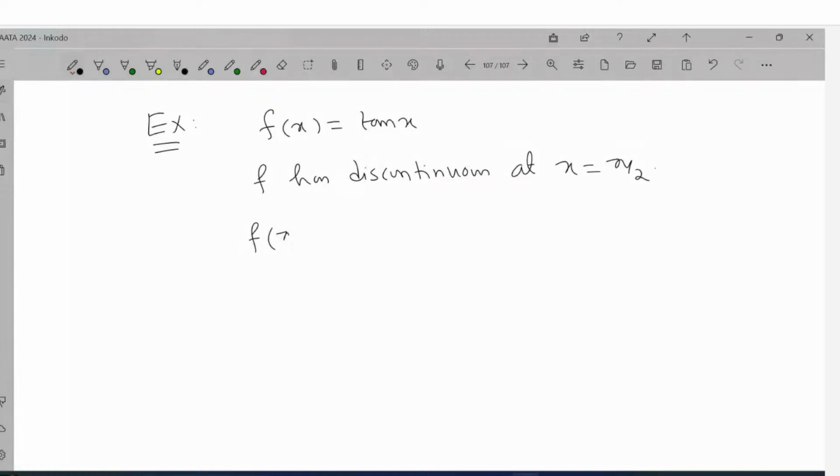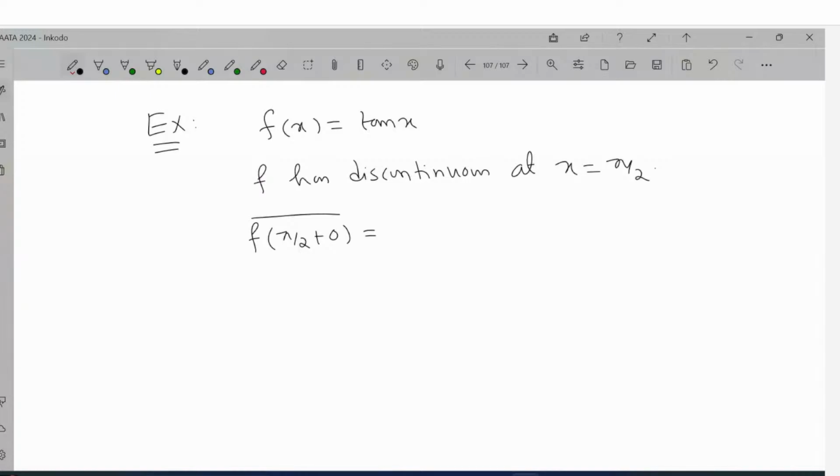What is limit x tends to pi by 2 plus 0? That means just above pi by 2.